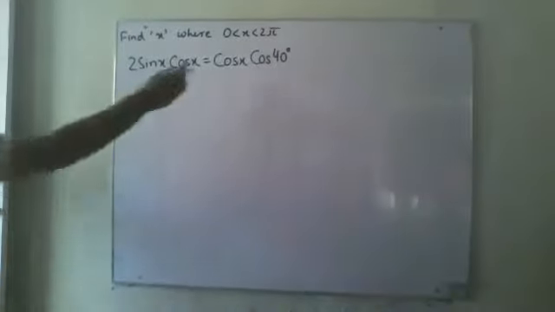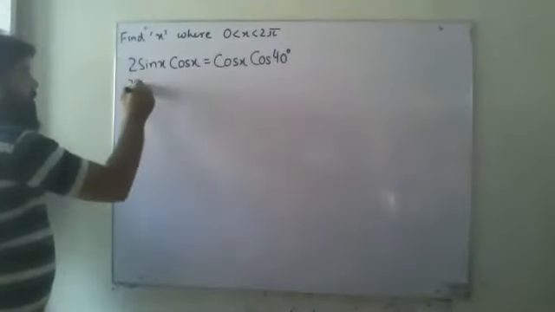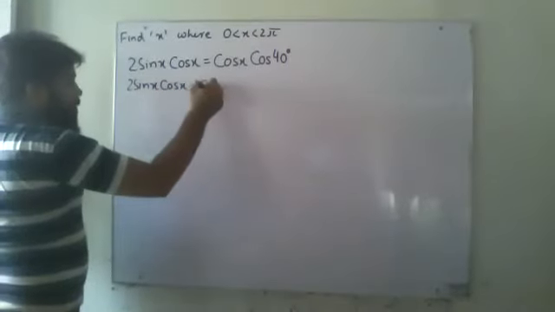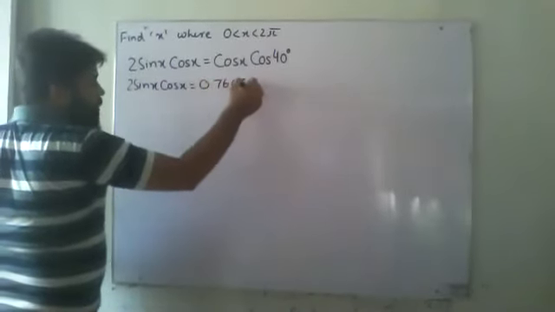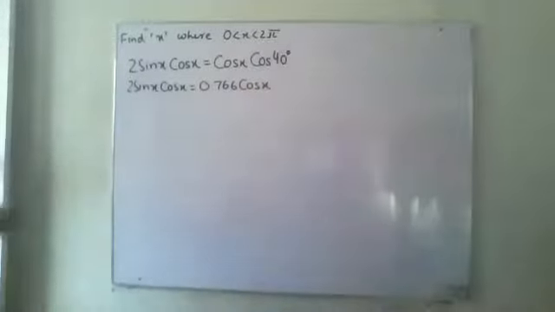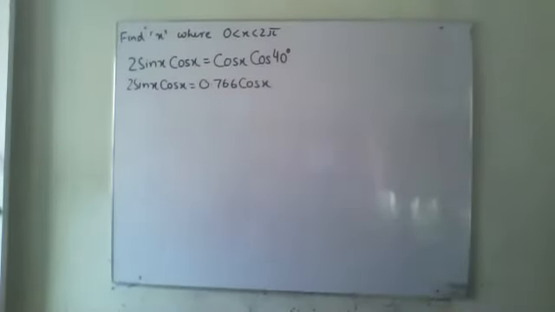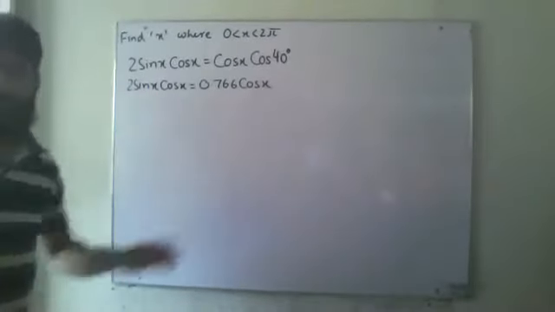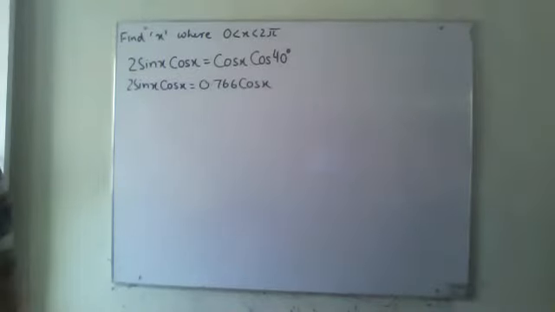So this value comes out: 2 sine x cos x equals 0.766 cos x. Now I have already told you that this is being multiplied, this is being multiplied, so we will not cancel it. We will try to safeguard it.